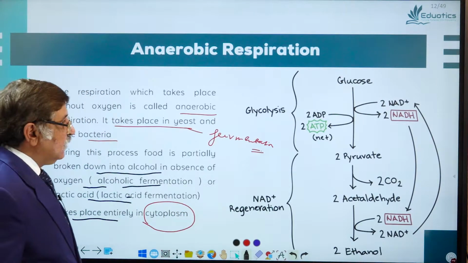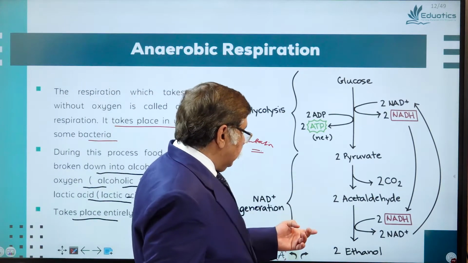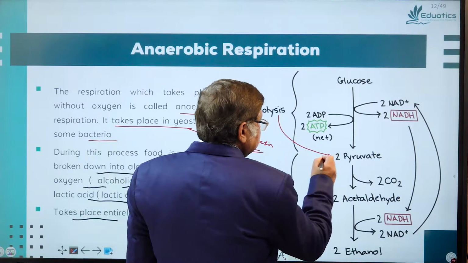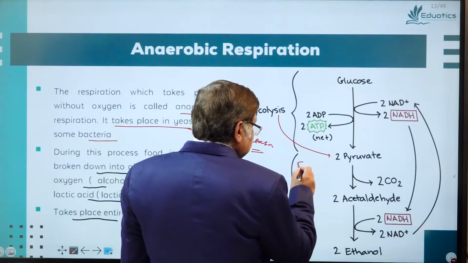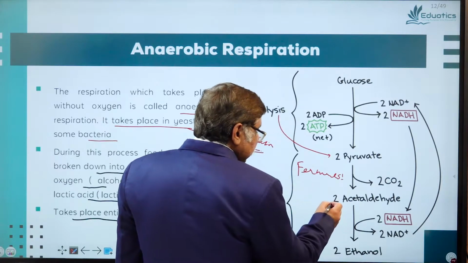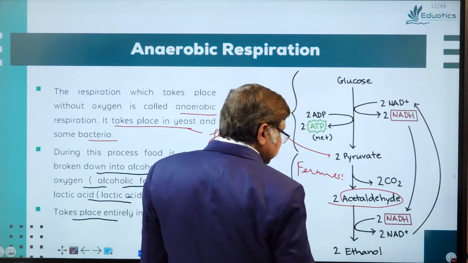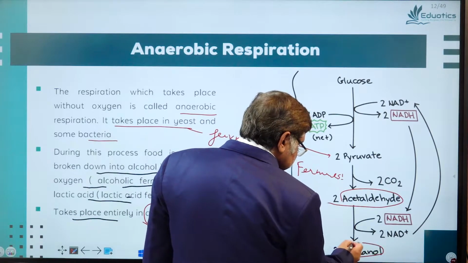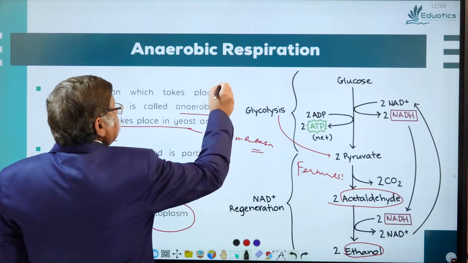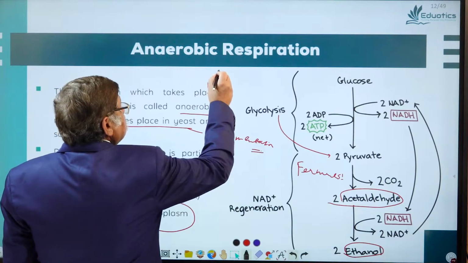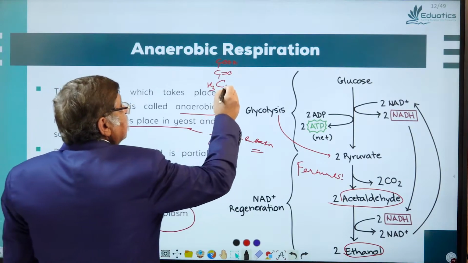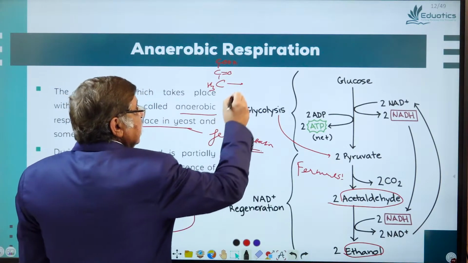What happens is, during fermentation, the end product of glycolysis is pyruvic acid, and then an intermediate, acetaldehyde, is formed, which is converted into ethanol. It's like this. This was pyruvic acid. First decarboxylation occurs.